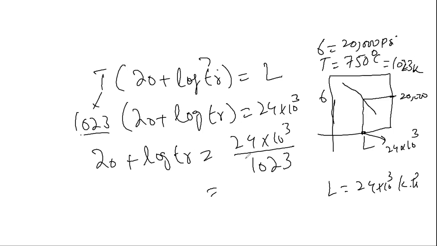So how much does it come out to be? Wait a second. It will be 23.5. Into 10 raised to the power 3 or not? Are you sure? Exactly like that. Okay. So 20 plus log of TR is equal to this, right?